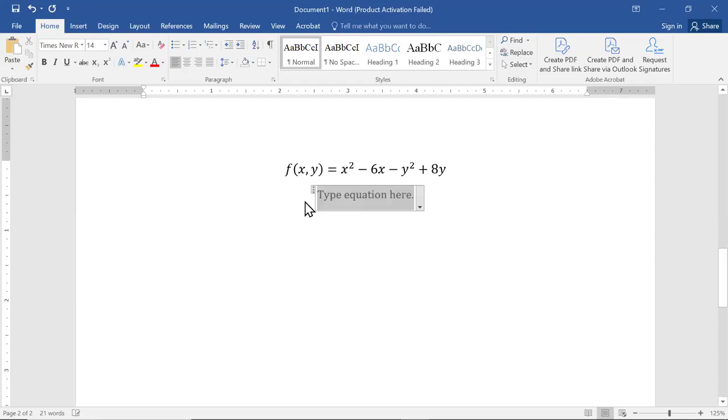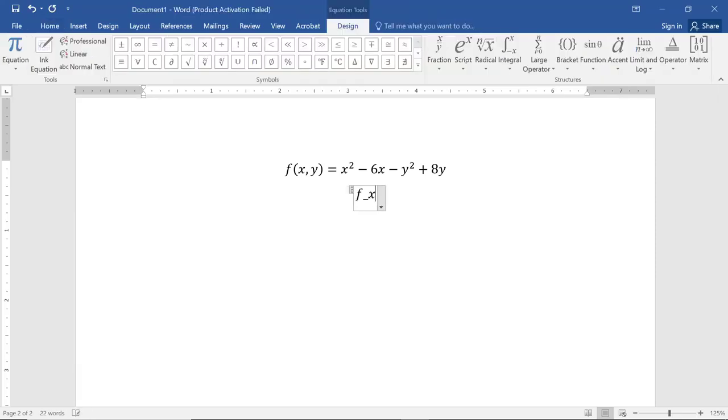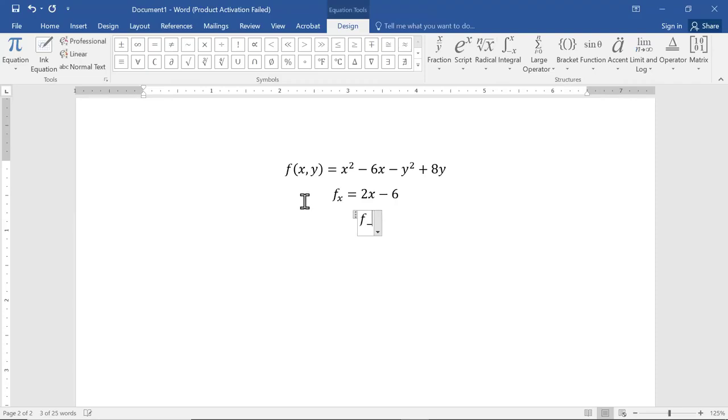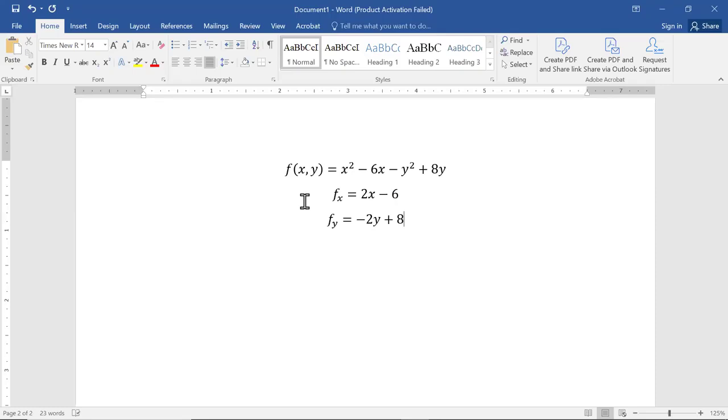All right, so let's take a look. F sub x is going to be equal to 2x minus 6. F sub y is going to be equal to negative 2y plus 8. So there we go.